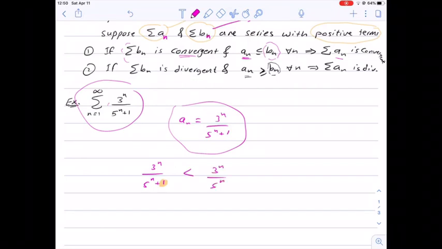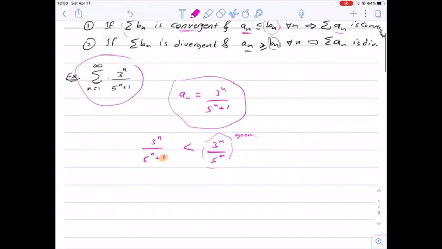So this is less than 3 to the nth over 5 to the nth, and this is, as you know, a general term of a geometric series, because this can be written as (3/5) to the power n. This is r to the nth. So we can compare our series with a geometric series.